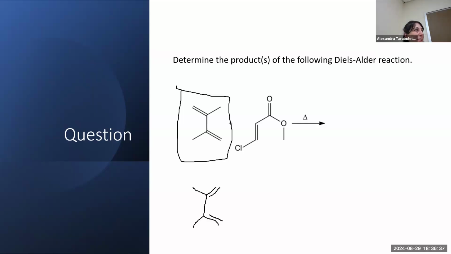The double bond connected to the chlorine? Generally, what I would just say is it's the double bond. Yeah, this right here.